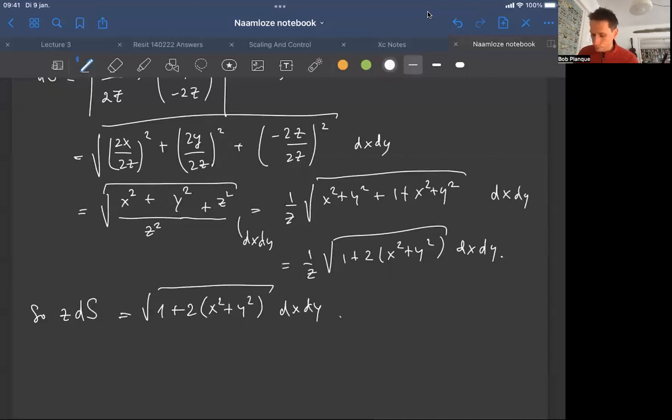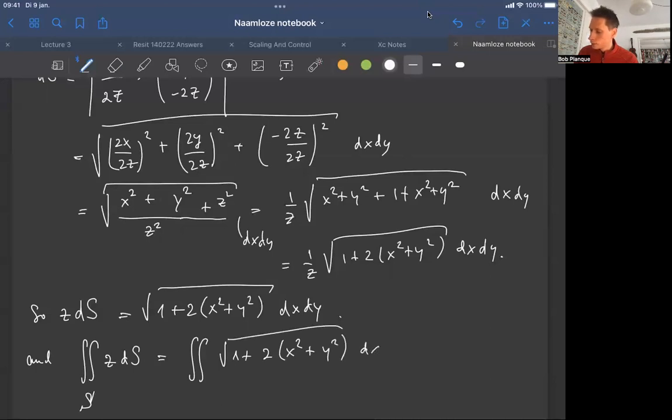So finally, our surface integral is given by this integration over x and y, where my domain is x squared plus y squared less than or equal to 4. So that's my circle of radius 2 in the xy plane.